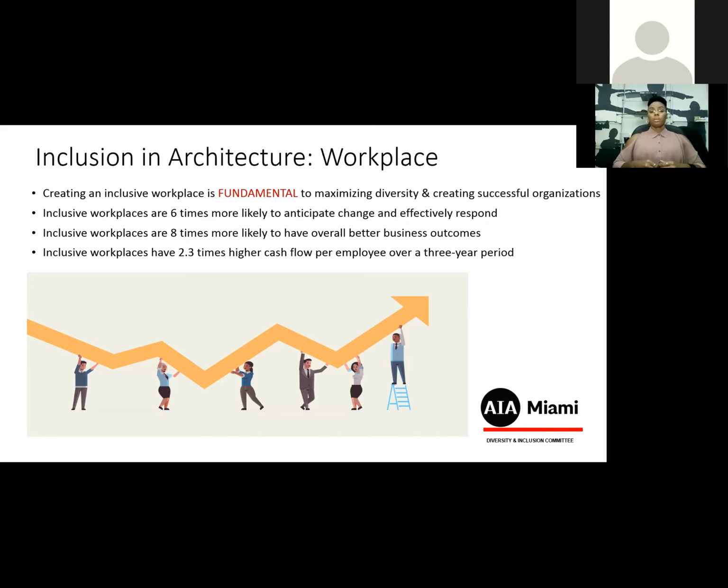And they're 2.3 times likelier to have higher cash flow per employee over a 3-year period. Now, the reason for this is because when you feel included and when you feel valued, you want to go to work. You want to produce for your company. You want to be there. So having that inclusion and having that sense of value increases your productivity within the business.